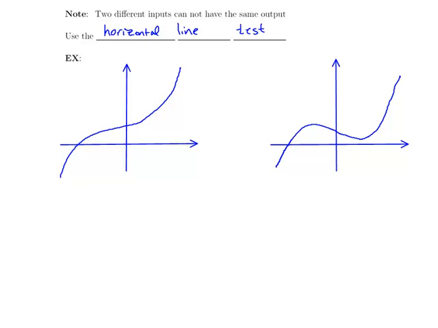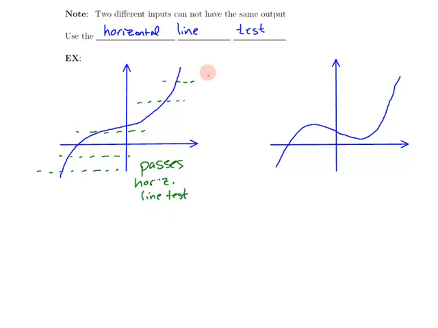For every horizontal line, it intersects exactly one point. This passes the horizontal line test.